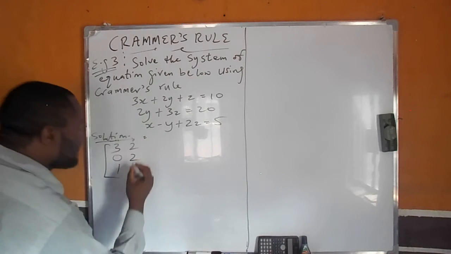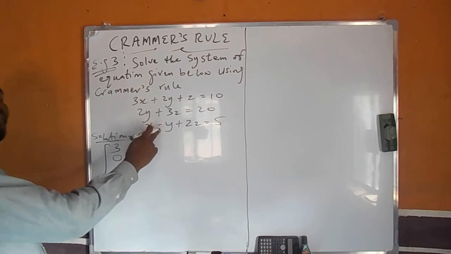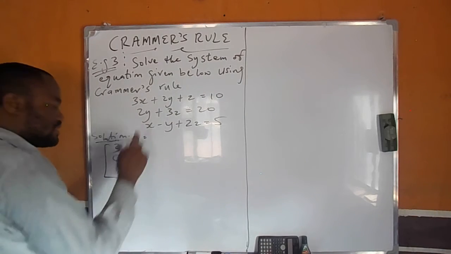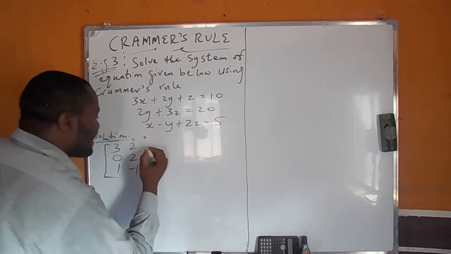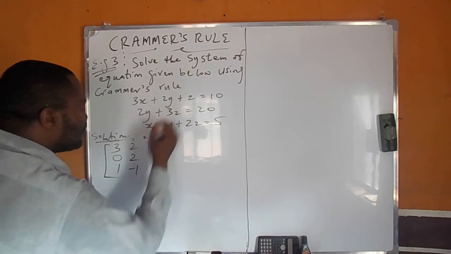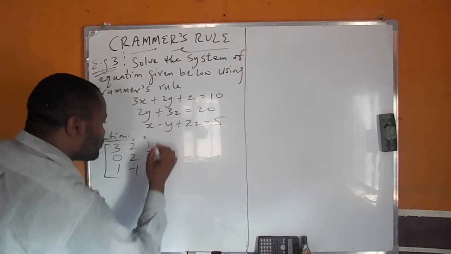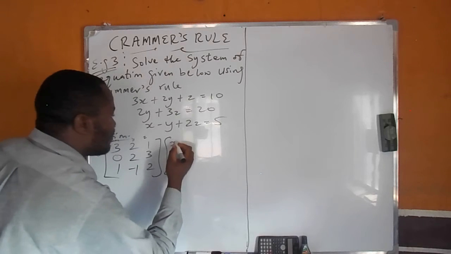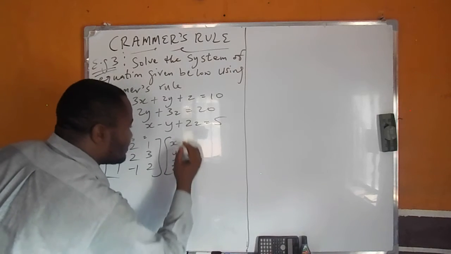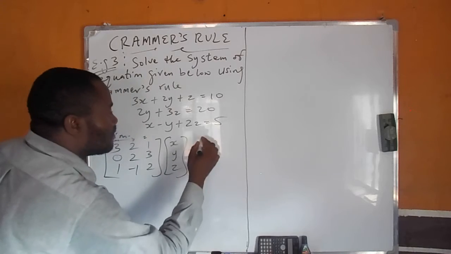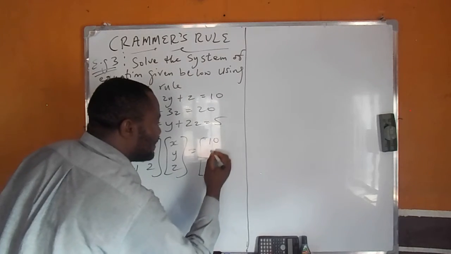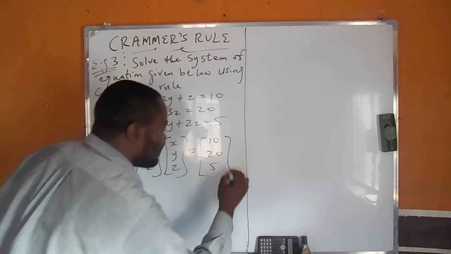So y here, -1. This is minus y, that means minus 1y. So it's -1. Z, 1, 3, 2. We have x, y, z equals the answer values 10, 20, and 5.